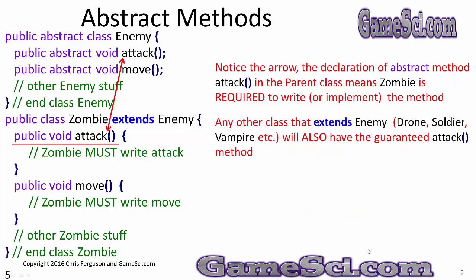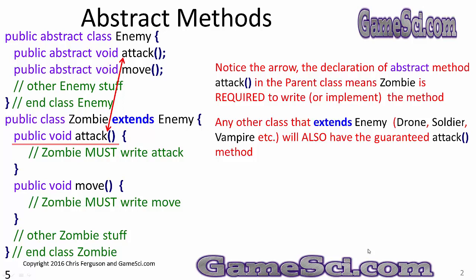Notice the double-ended arrow that I put in here. The declaration of the abstract method attack in the parent class enemy means zombie is required to write or implement a method. The appearance of the attack method in class zombie is not an accident, it is a requirement.